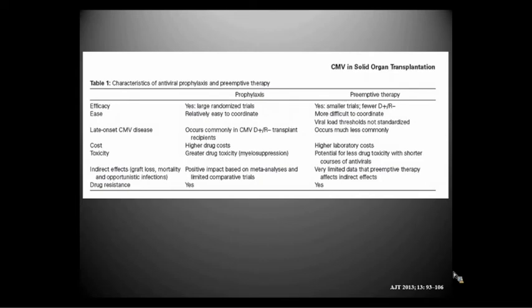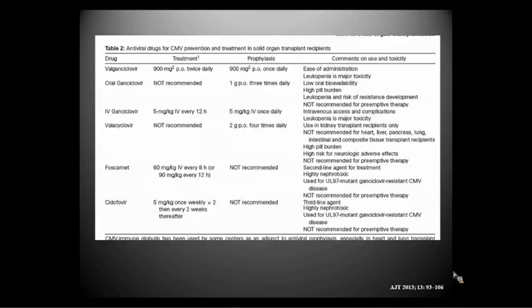One of the things that makes sense is that the D plus R minus patient, if you put them on prophylaxis, you're reducing their chances of developing CMV immunity because you're suppressing the virus all the way. So maybe let them be a little viremic, just monitor them, treat them if they're viremic, but otherwise leave them alone, and maybe you would reduce their chances of late onset disease. So this is a randomized trial that's going on to see if one approach is better than the other.